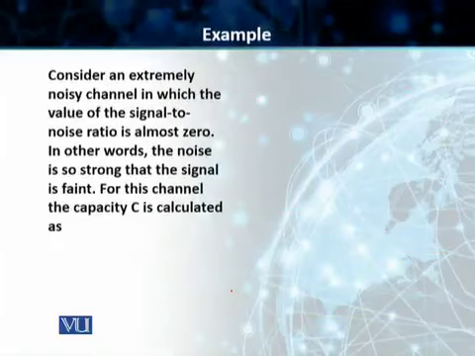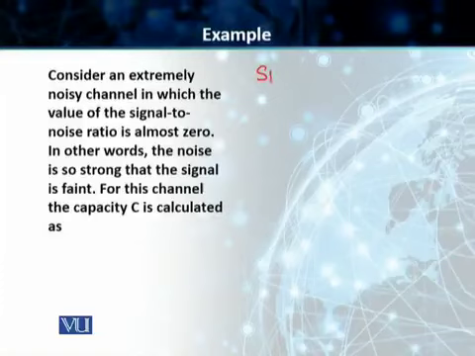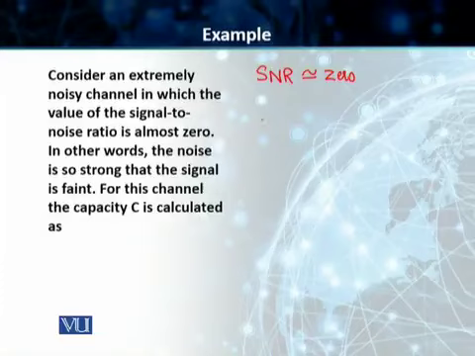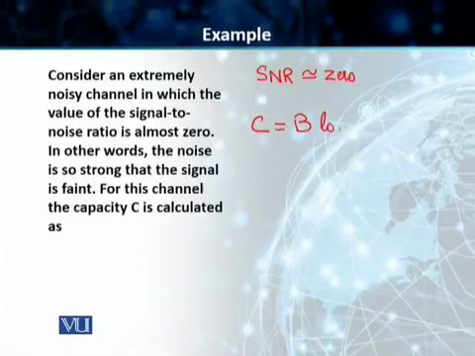Students, let's see an example. In this case, we have an extremely noisy channel in which the value of the SNR is almost 0. Your signal to noise ratio is close to 0. In other words, the noise is so strong that the signal is faint. For this channel, we need to find out the capacity. The formula is bandwidth multiplied by log to the base 2 of 1 plus the SNR.